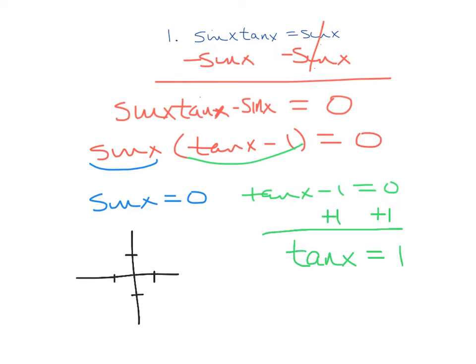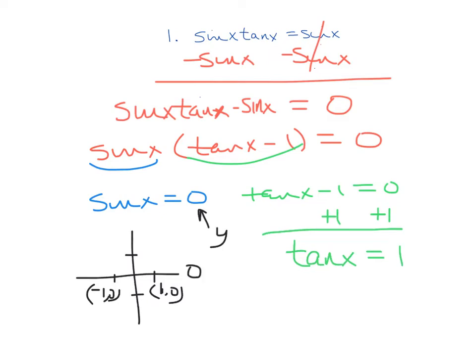I'm looking for a y value because sine is y, so I'm looking for an ordered pair that has a 0 in the y position. So here, (1, 0) and (-1, 0). These are going to be the two ordered pairs I use.